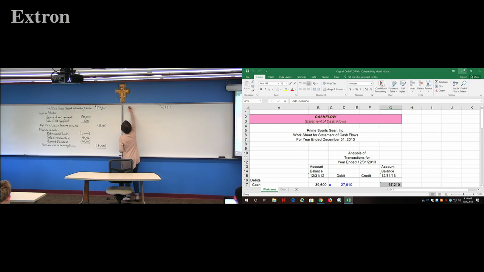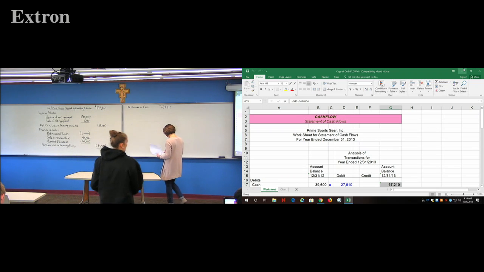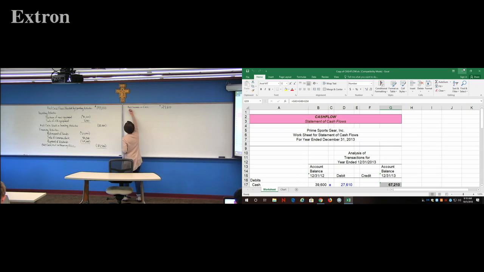That's exactly right. So if you look at your T account for cash, go find your T account that we evaluated, right? And cash had a beginning balance of what? 39,600, yes.